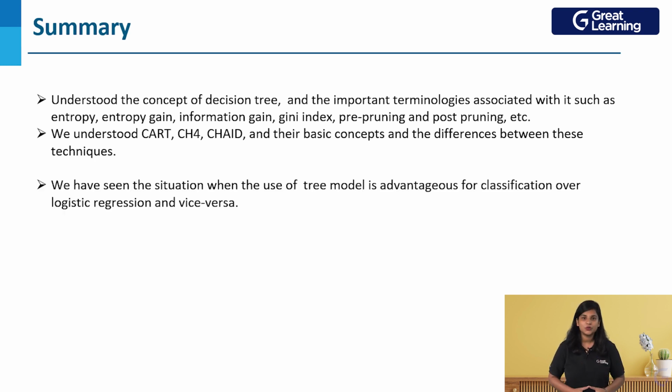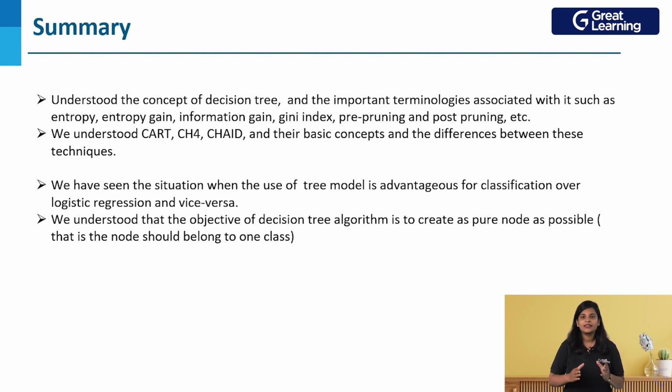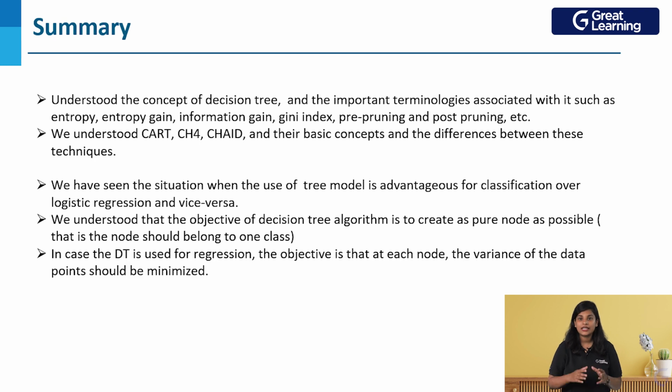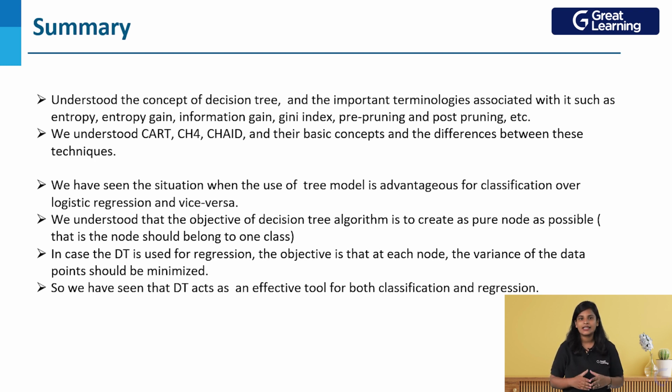We have seen the situation when the use of the tree model is advantageous for classification over logistic regression and vice versa. Then we understood that the objective of the decision tree algorithm is to create as pure a node as possible. We also understood that if the DT is used for regression, then the objective is that at each node, the variance of the data points should be minimized. Concluding, DT acts as an effective tool for both classification and regression.